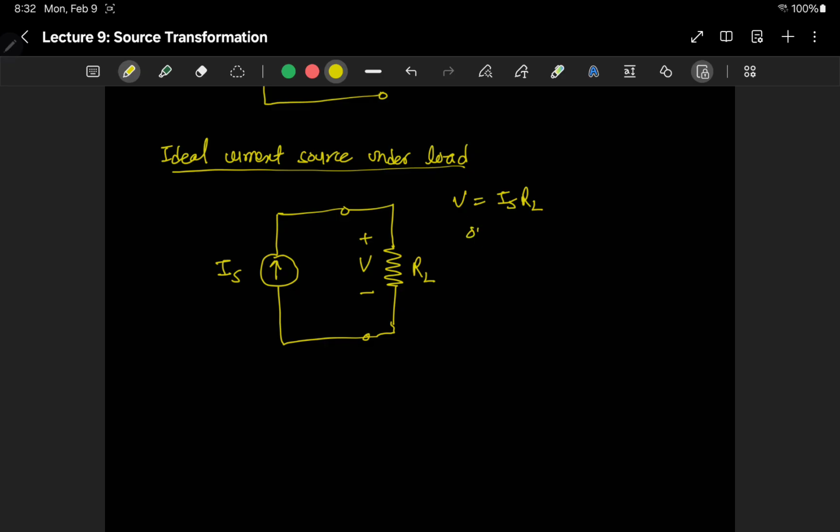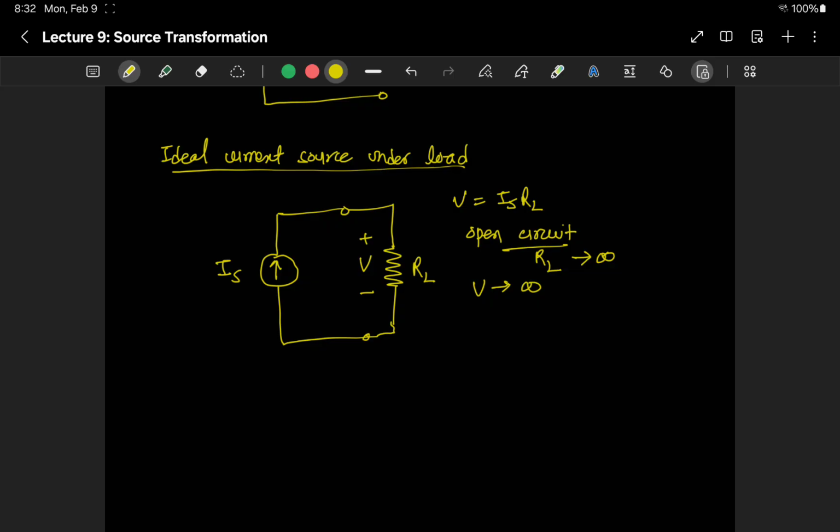In the open circuit case, we have RL tends to infinity, because open circuit is basically the circuit open to air, which has infinite resistance, and that leads us to a voltage of infinity, right? And in practice we can never have a situation in which the current source produces infinite voltage.